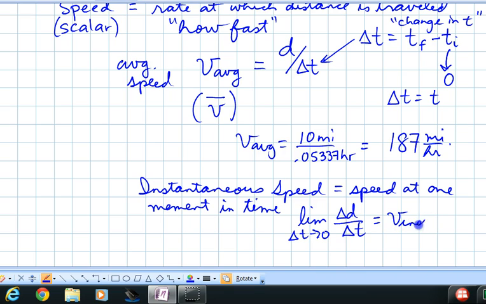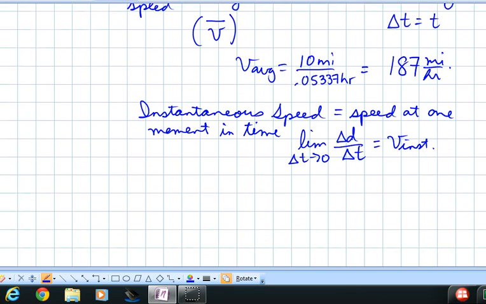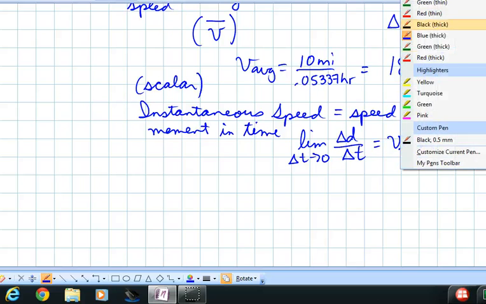That's v instantaneous. And we're not going to worry too much about that limit. If that's something new, don't worry about it. A way to think about it is if I look at the speedometer in my car, what is it saying right now? That's the instantaneous speed. So if I just take a picture of one moment in time, how fast am I traveling? That's instantaneous. Now that's also a scalar. It's just a number. How fast are we going?